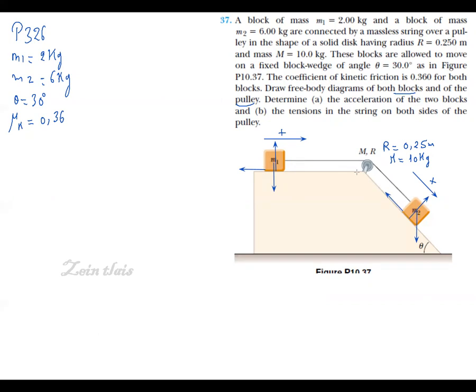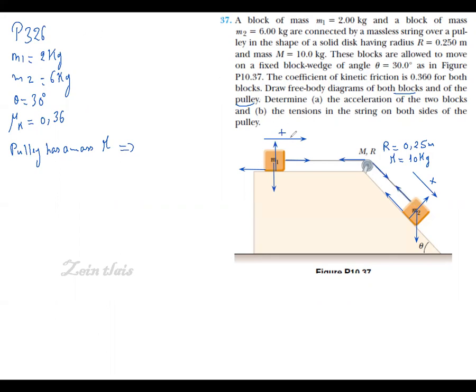About the tension, here we have a pulley with a mass m. So when the pulley has a mass m, we have the tension T1 not equal to the tension T2.